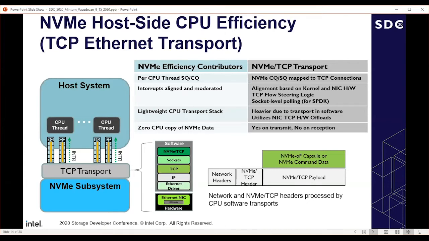Some of the efficiencies are achieved through generations of NIC TCP hardware offloads. There has been multiple years of work to get TCP sends and receives efficient, but it's not a full offload like the other two that I showed.